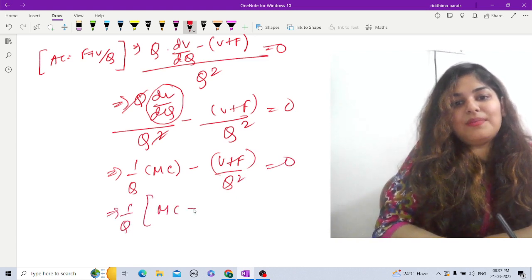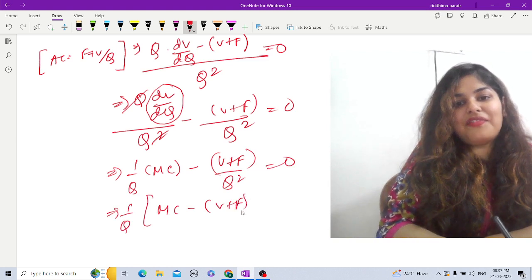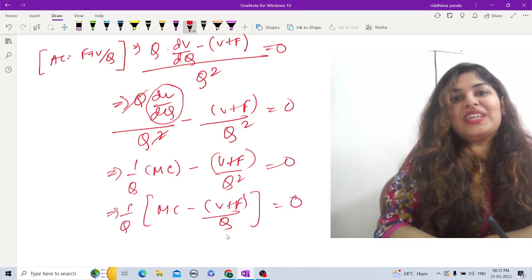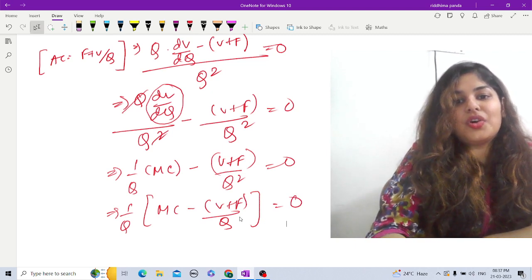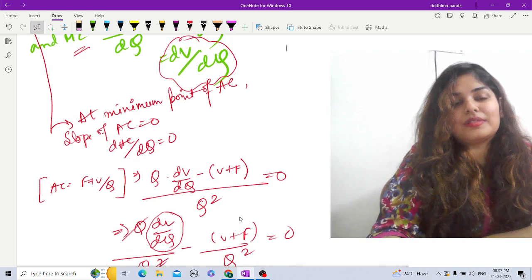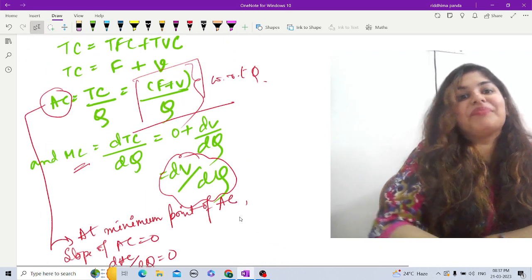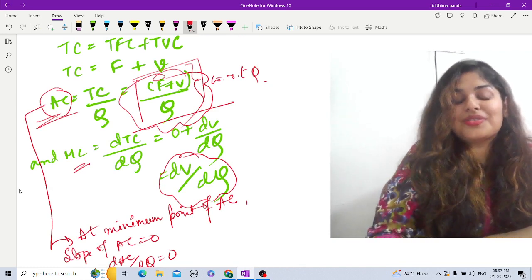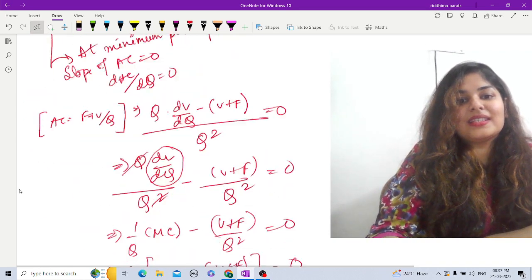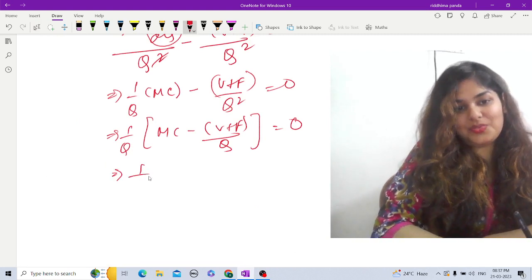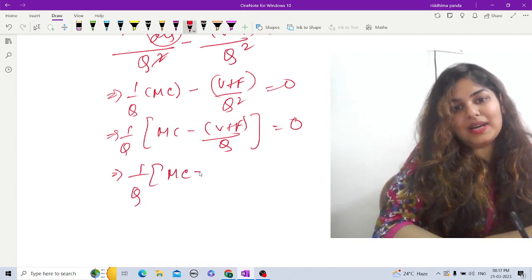So we have 1 by Q times [MC minus (V plus F) by Q] is equal to 0. Now this (V plus F) by Q is again our average cost, as we have above. So let's write down AC here. So what we have is 1 by Q into (MC minus AC) is equal to 0.